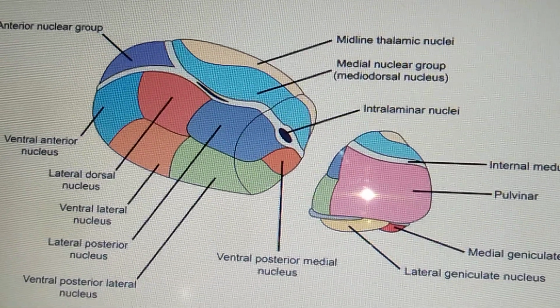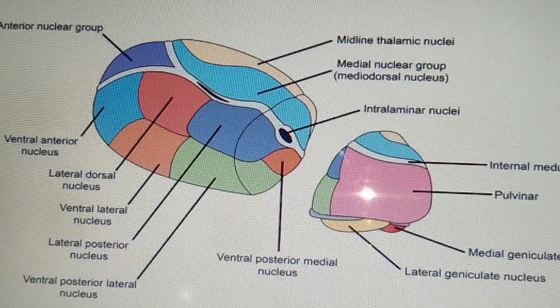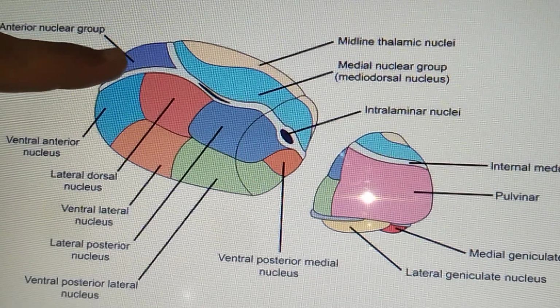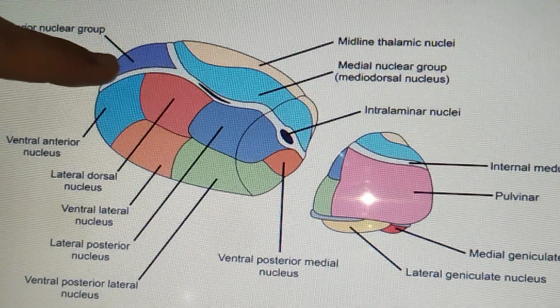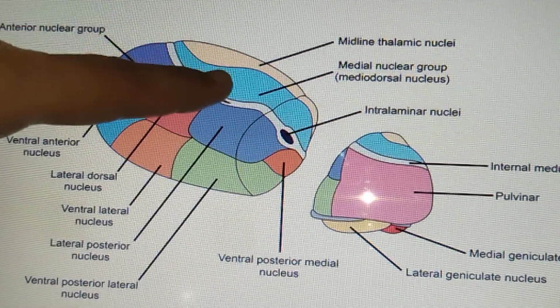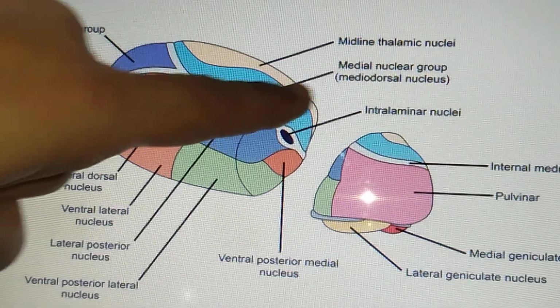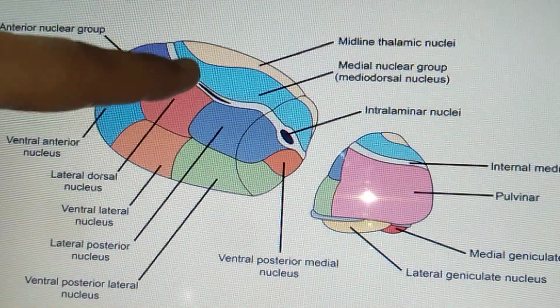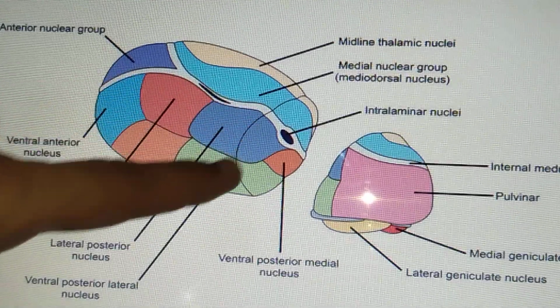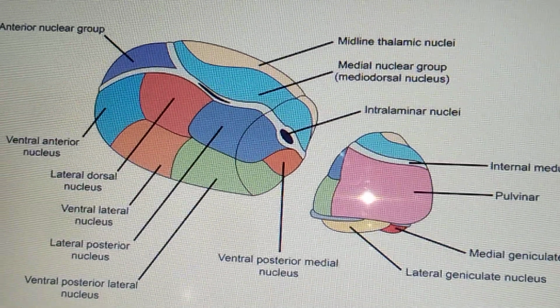Next is the grey matter. The grey matter is divided to form several nuclei, right? First, the anterior part contains the anterior nuclei. Then in the medial part you have the medial nuclear group. The lateral part of the thalamus is the largest part, and it represents the neothalamus.